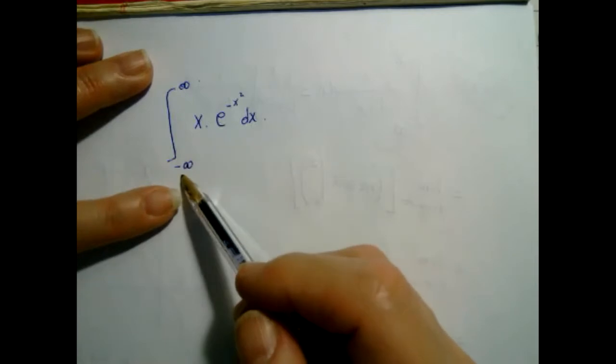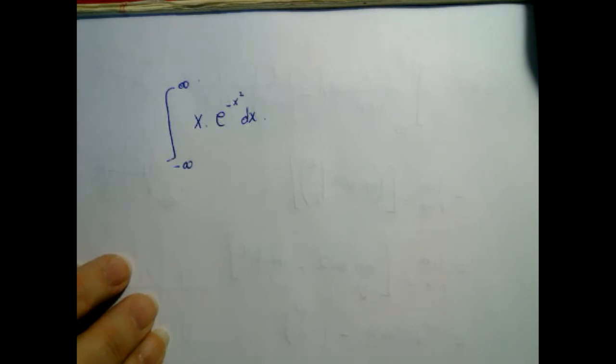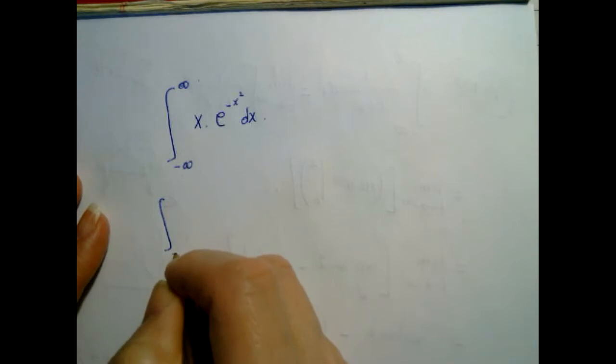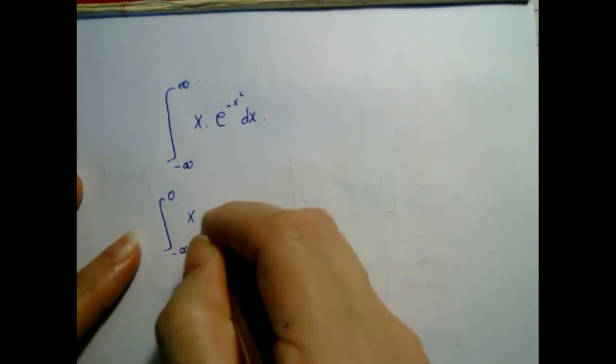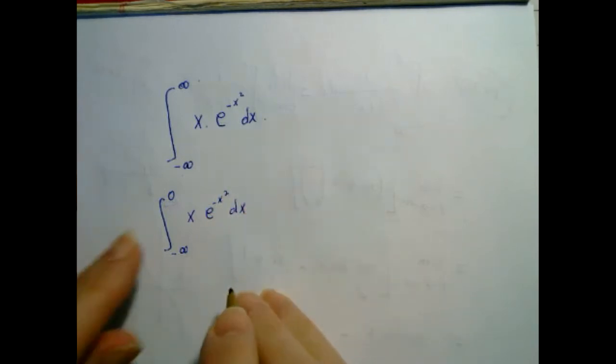But I have minus infinity and plus infinity. So what do we do in this scenario? We have to separate them. So in this case, we're going to look at two integrals, from minus infinity to 0. Actually, 0 is not important.